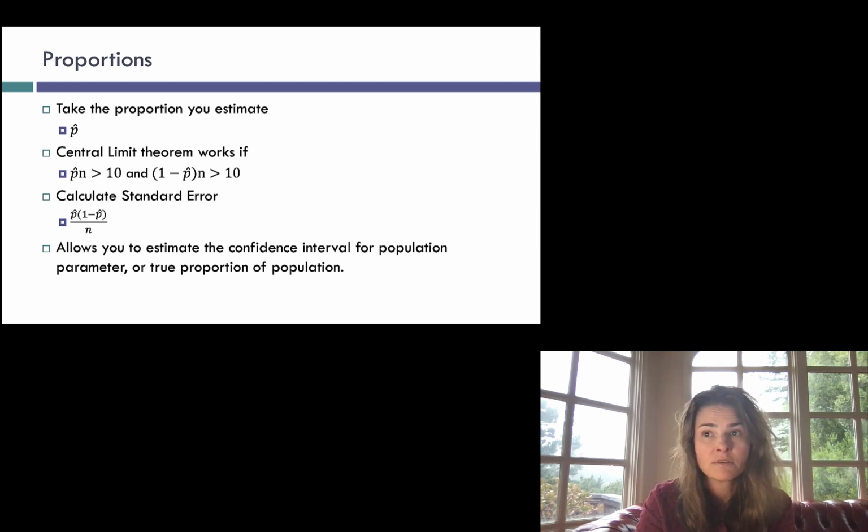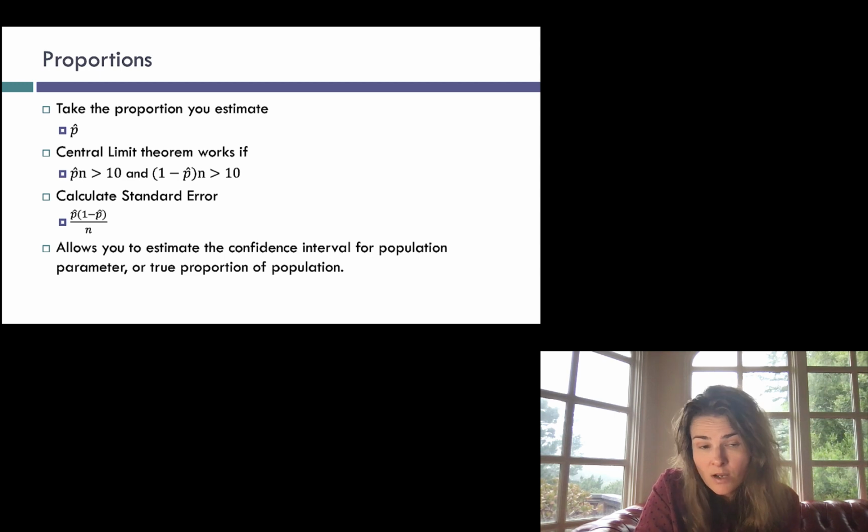So if you have 70-30, 70% times n and 30% times n both need to be greater than 10. That's kind of our sufficient n condition. It's called the power condition to get the central limit theorem to work in the case of proportions.